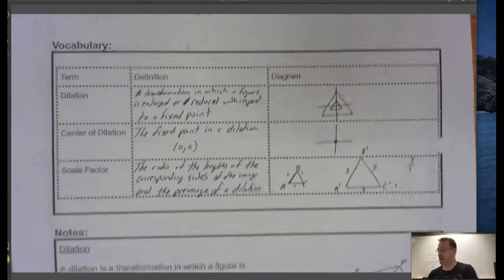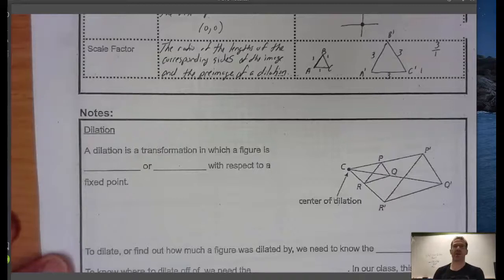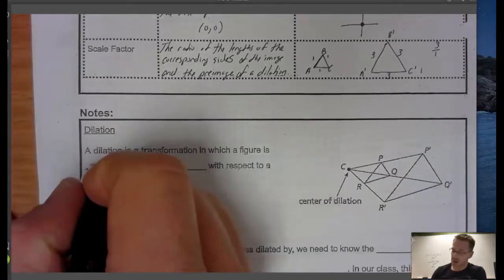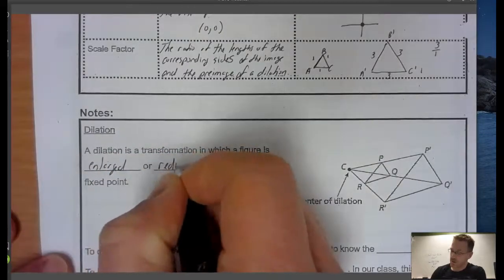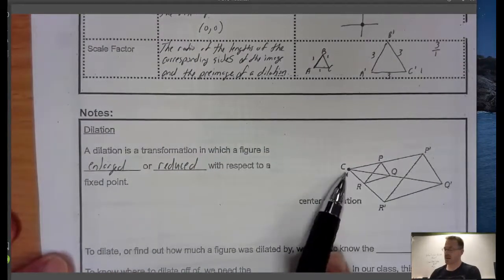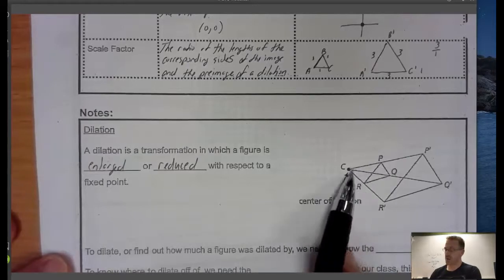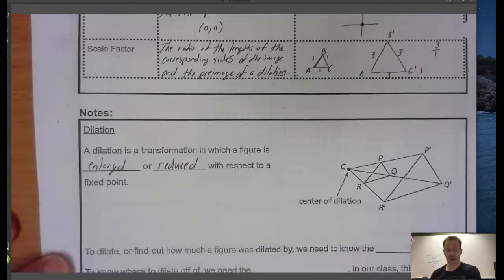So now moving down to some of the notes here, just re-emphasizing the vocabulary from above. A dilation is a transformation in which the figure is enlarged or reduced with respect to a fixed point. You can see here there's that fixed point. There's our original quadrilateral, and you can see that it was enlarged from that.